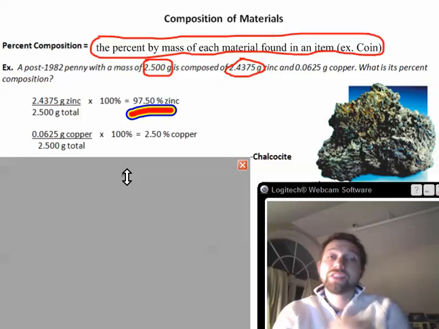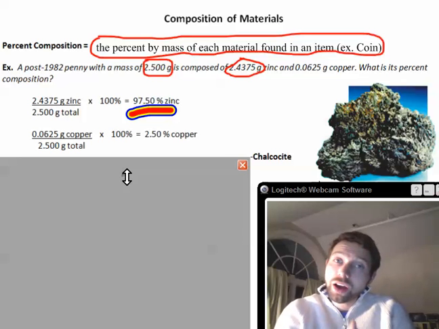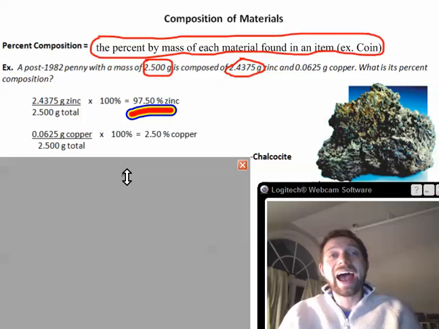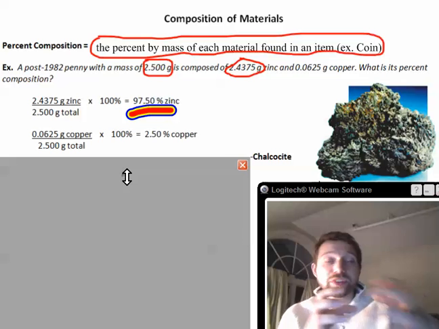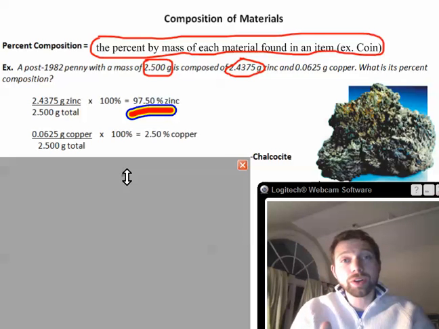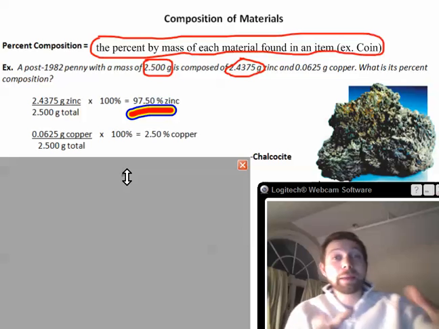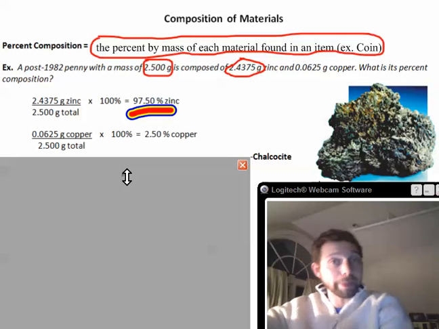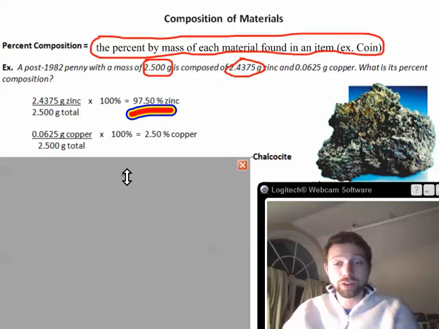Some metal ores have more of a particular metal than others. Also, the percentage of that metal in one ore might be larger or smaller than the percentage in a different kind of metal ore.